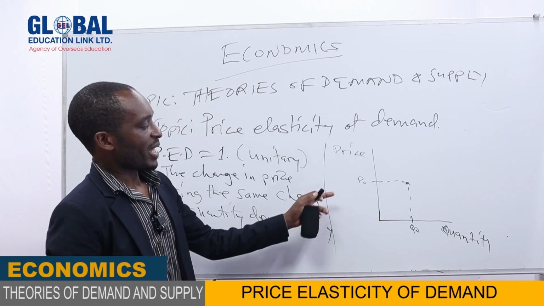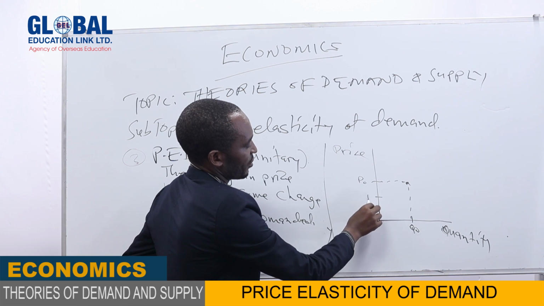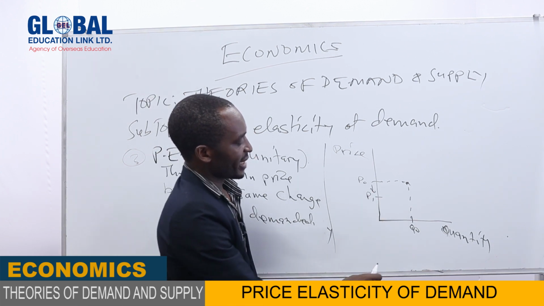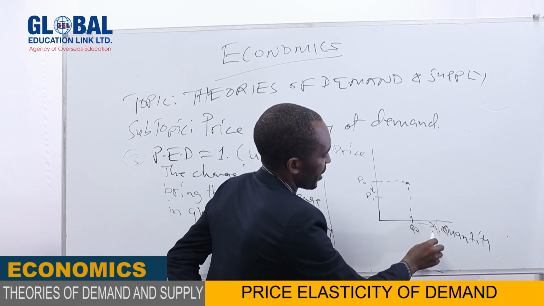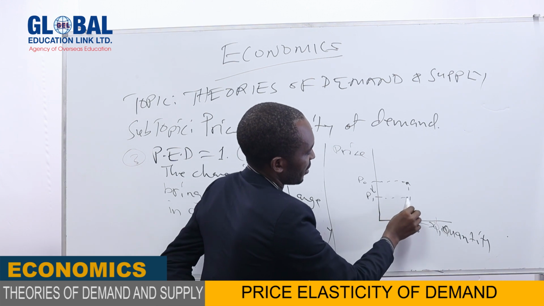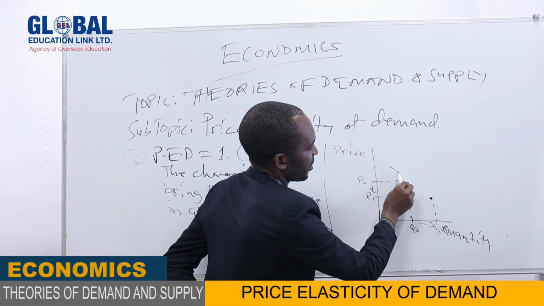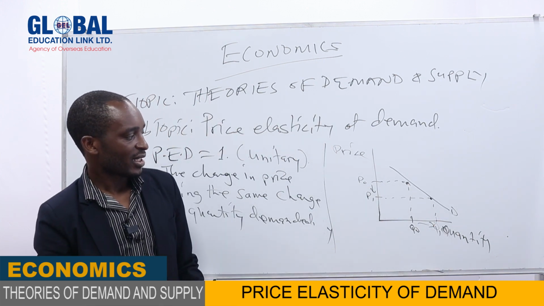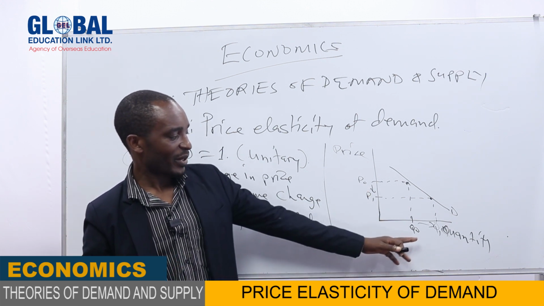Now assume the price falls by a certain percent to P1. The demand will increase by the same percent, let's say up to Q1. So when you draw the graph, it will be like this one.